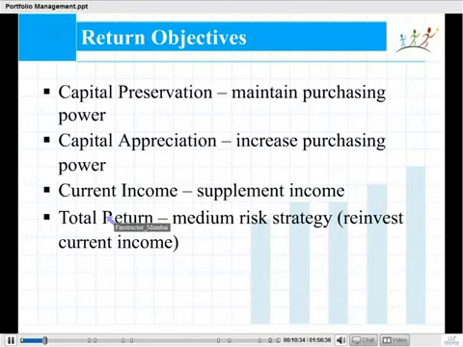A total return strategy would be a mix of both. So a total return strategy would concentrate on income as well as some appreciation. So it's a medium risk strategy which gives both income as well as appreciation to the client.